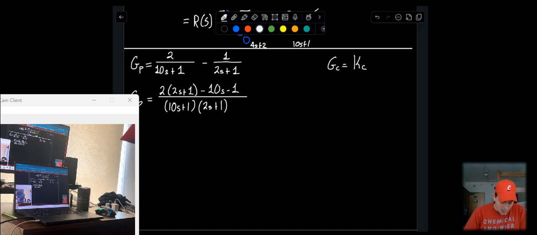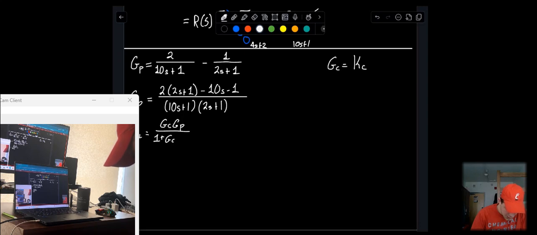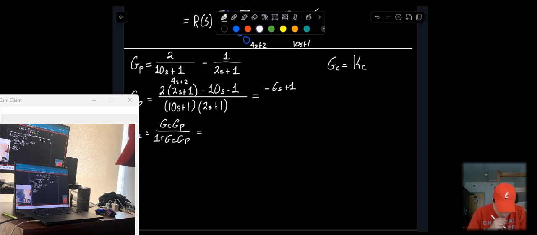Okay, now we're going to define our closed loop gain function as the following. So remember that should be GC GP over 1 plus GC GP, which in this case will simply be, well, let's simplify this real quick. This will be 4s plus 2. We're subtracting 1, so it will be negative 6s plus 1 here. Yep.